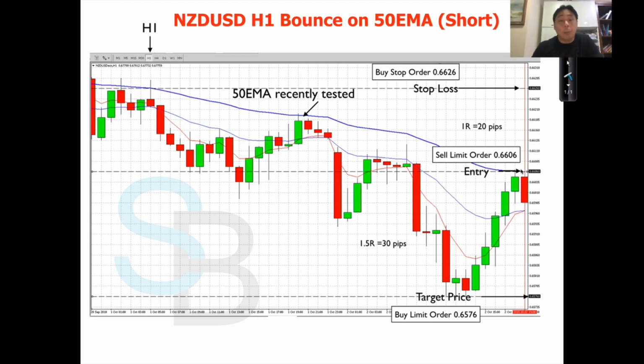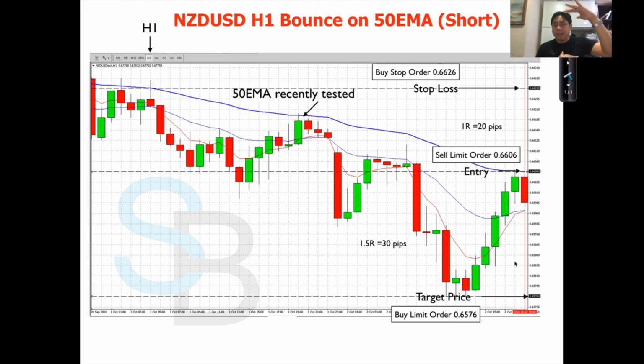And where do I put my stop loss in this case? Do I put it at 20 pips, 25 pips, or 30 pips or more? Again, I look at the recent low as my guide. If I'm shorting there, entering there, I want to take profit at the recent low or slightly below there. If I measure the distance from entry to there, that's about 30 pips.